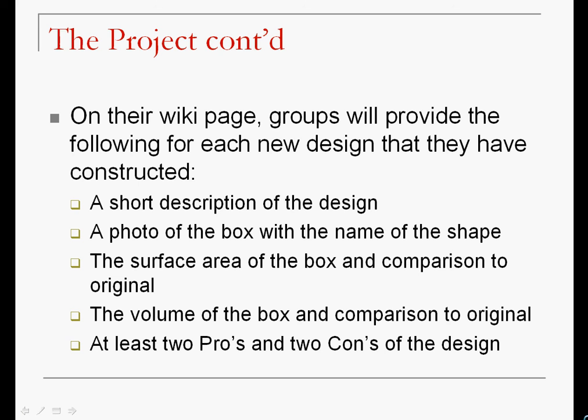The volume of the box was the exact same volume as the 12 cans, so they achieved one of the goals of the project. But their list of cons was very long, noting that it wasn't stackable, you couldn't put it in a grocery cart, it wouldn't fit in a refrigerator. They really had a lot to talk about with their design.